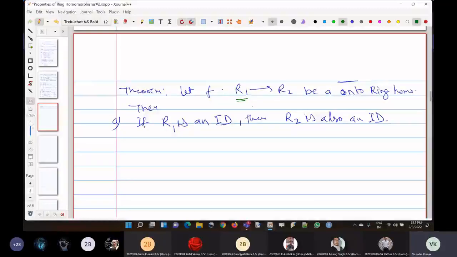You can say like this, okay? Integral domain mapped onto integral domain.